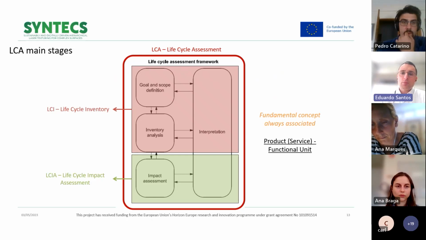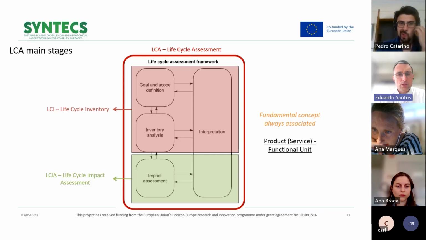The life cycle assessment intends basically to assess the potential environmental impacts of a given product system. And the way it's done is with a set of sequential operations or activities. The first one is basically goal and scope definition. So you have to set the goal, the objective, and the scope of the product system that you want to analyze.